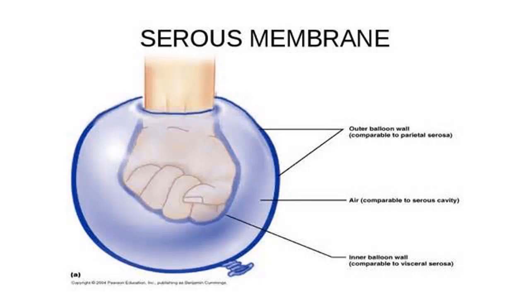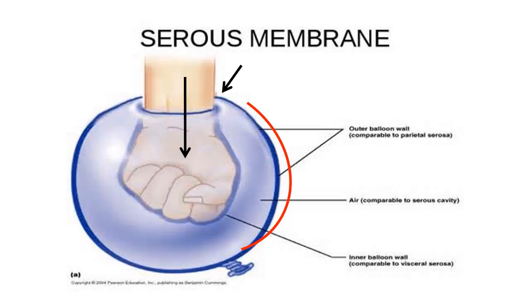Therefore, this is what is going to happen. The organ is going to invaginate into the balloon or into the lining serous membrane, and the result is this. There is a membrane lining the walls of these cavities, and this is called the parietal, the one at the periphery.